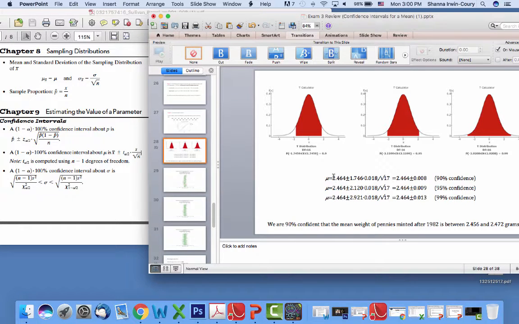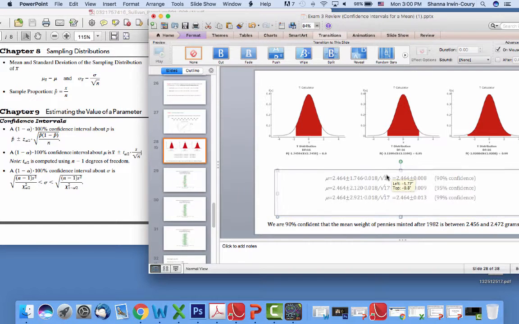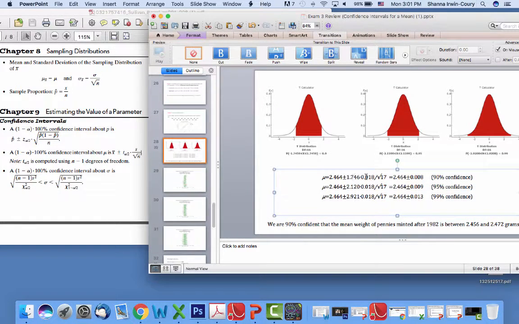So we take the same 2.464 right there, plus T for alpha over 2 is these 3, times S, the standard deviation, is the 0.018, divided by root 17. And then it's 2.464 plus or minus all that multiplied together right there, which is 0.008. So this was just put into a calculator and found to be 0.008.